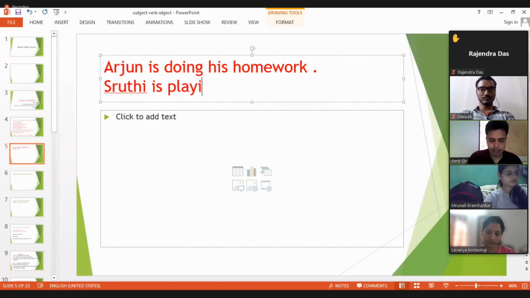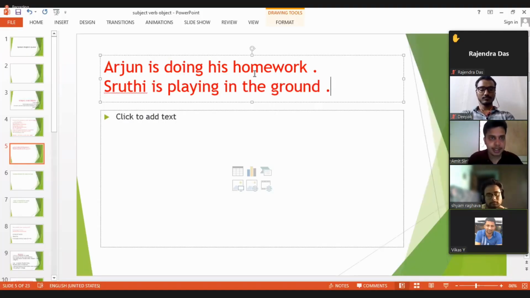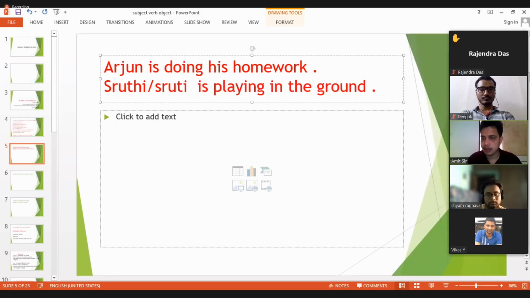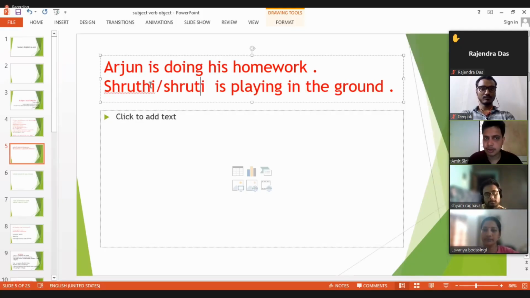Actually, in South India we follow TH, and in case of North, you may have to proceed with T. Shruti. People follow TH in South, and in North we omit that sound.